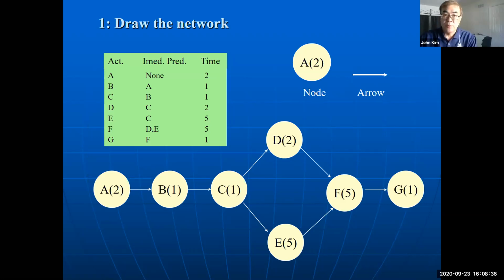To use this critical path method, we need to draw the network. Looks like this, using immediate predecessor and activity time, then using node, circle like this, and then arrow. Okay, I will do it.